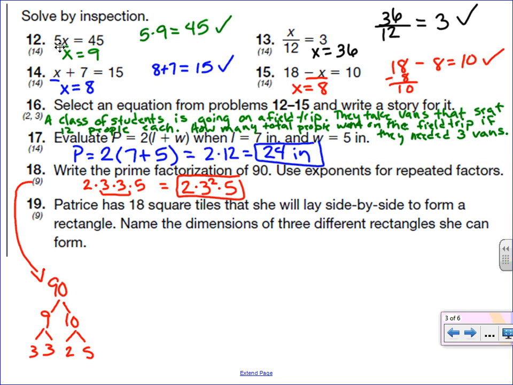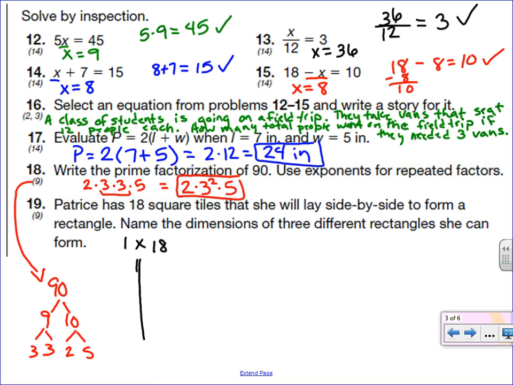Patrice has 18 square tiles that she will lay side by side to form a rectangle. Name the dimensions of 3 different rectangles she can form. So basically what they're asking is what are factors of 18? And so one factor group is 1 by 18.